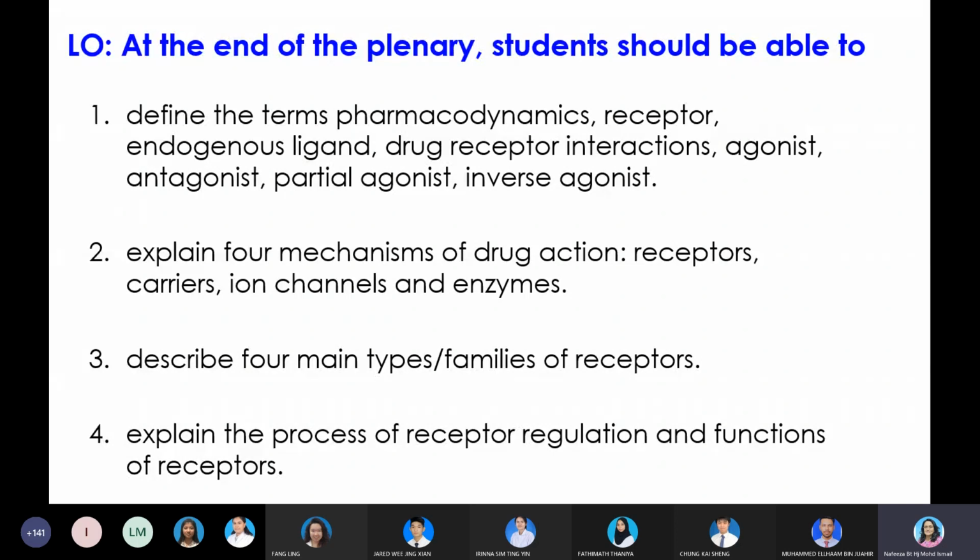So LO3 is very much connected to LO2. The difference is that in LO2, we will also talk about the other three mechanisms of drug action, which are carriers, ion channels, and enzymes. And the fourth and last LO is to explain the process of receptor regulation and functions of receptors. Okay.